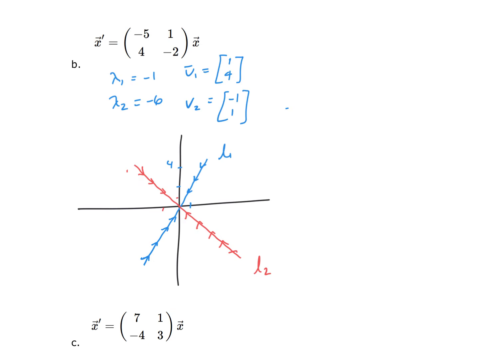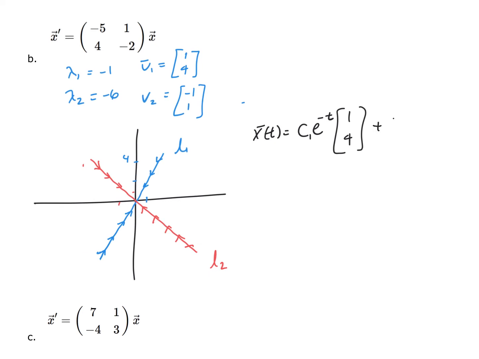Now I'm going to write my solution set, x of t, which is equal to c sub 1, e raised to the -t, 1 and 4, and then plus c sub 2, e raised to the -6t, -1, 1.